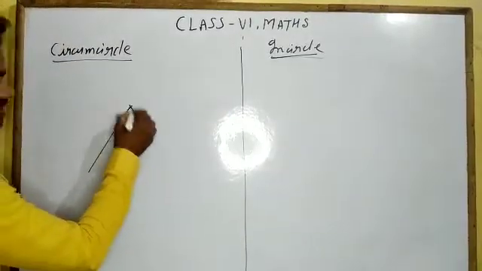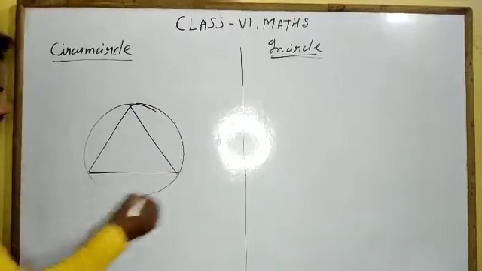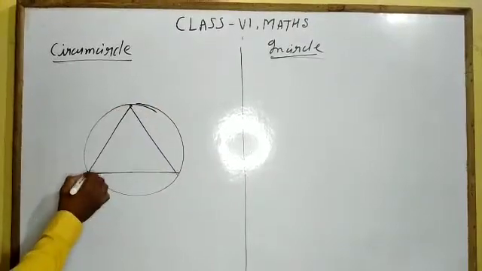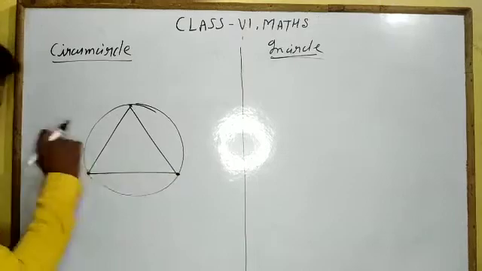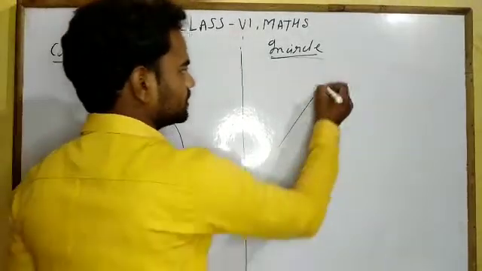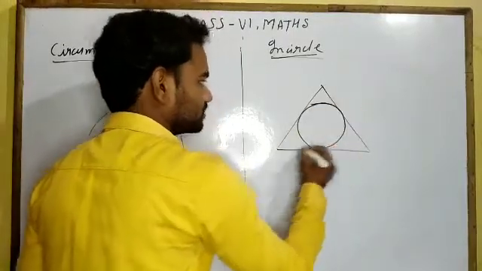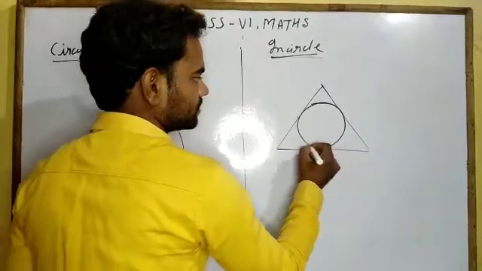So suppose that this is the triangle and we draw a circle which passes through all the three vertices of the triangle. This circle is known as the circumcircle, and similarly the incircle is the circle which touches all the three sides of the triangle.